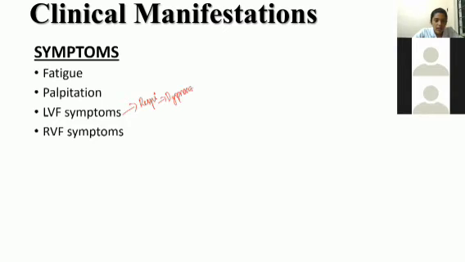And in right ventricular failure, there are systemic symptoms like pedal edema, ascites, hepatomegaly, splenomegaly. Those symptoms we can observe in right ventricular failure.